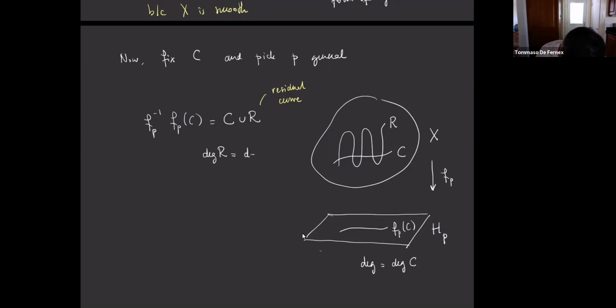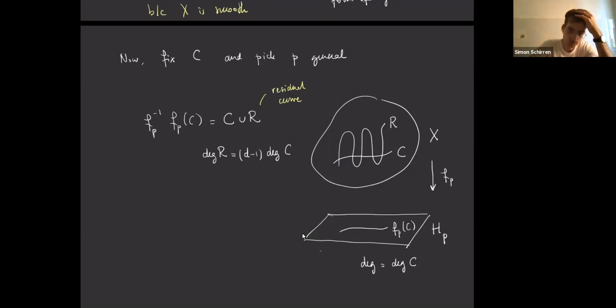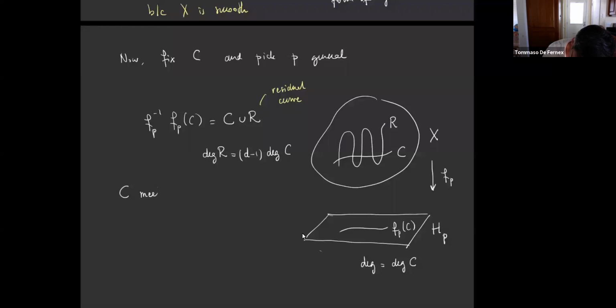So what I'm left with is D minus 1 times the degree of C. And what I see is that for general projection, C intersect R contains the intersection of C with the ramification locus, which is the support of this divisor.